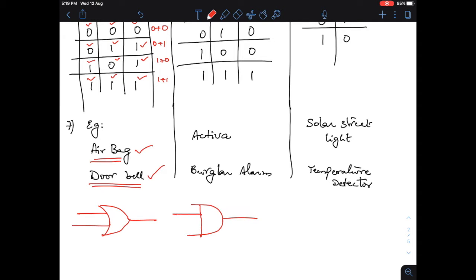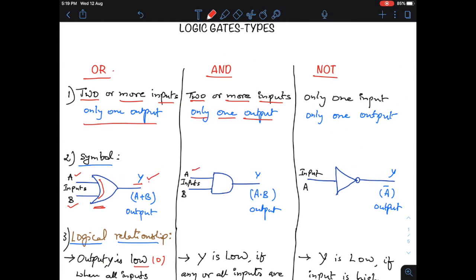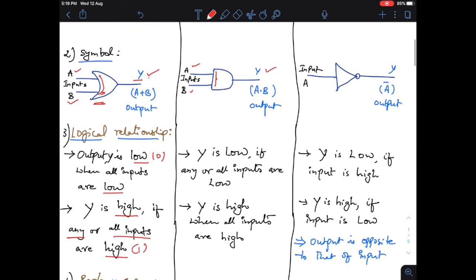So these are your inputs and output. Look at this. You have inputs A and B, output Y. Here you have a line, there you have a curved surface, and here you have a line. So that is the difference.